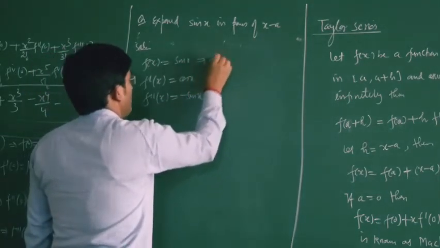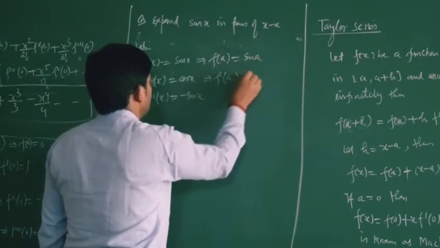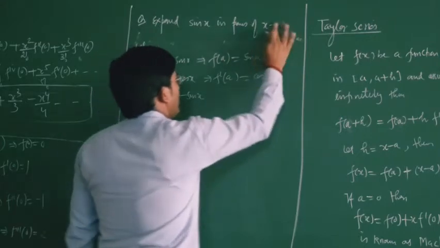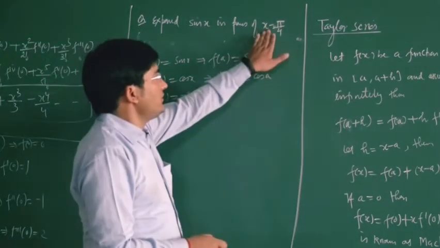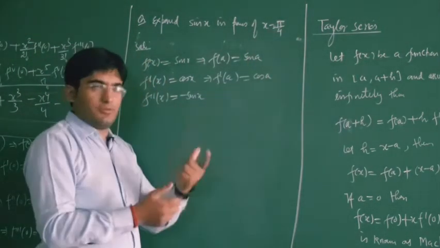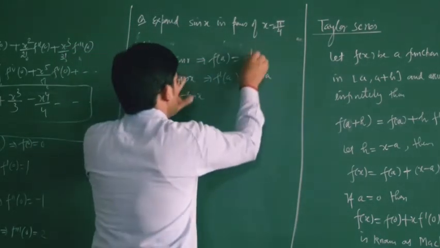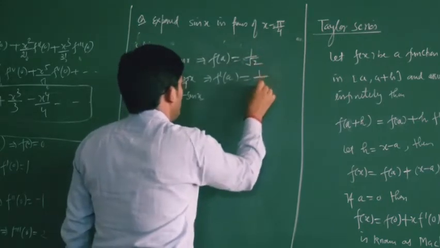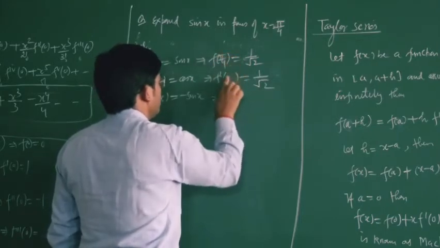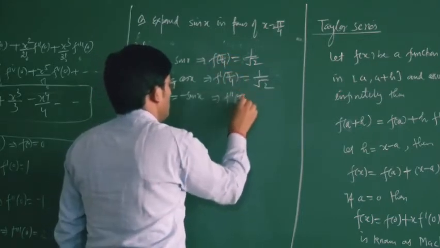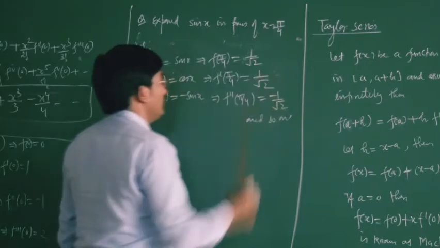So your f(a) will be sin a, f dash a will be cos a. Let us assume a as pi by 4, so that we can have some particular value. Now you can see that sin pi by 4 is 1 by root 2, cos pi by 4 is again 1 by root 2. This will be minus 1 by root 2, and we can find other values.